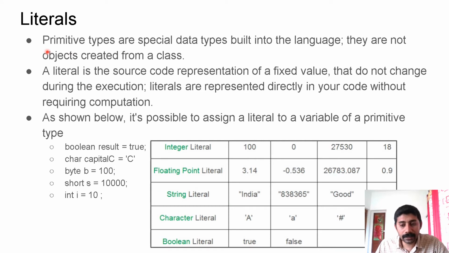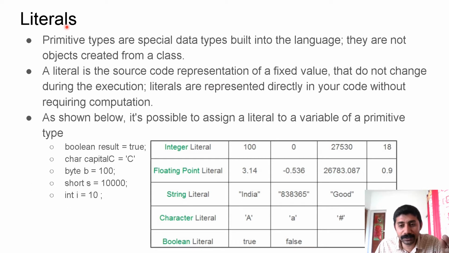Next part is literal. What is a literal? A literal is nothing but a constant. Primitive data types are special data types built into the language. They are not objects created from a class. A literal is the source code representation of a fixed value. I said a literal is a constant.